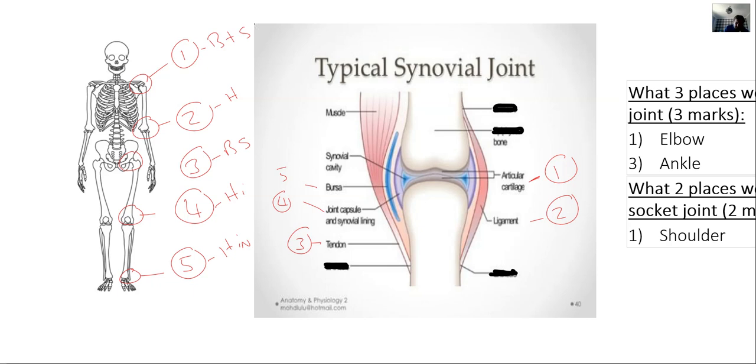Number 5, where it says synovial cavity, I'm going to change that to synovial fluid. Sorry, I thought I'd already done that. So this one here is synovial fluid. Number 6. So you've got 6 different things we need to know about within the joint: cartilage, ligament, tendon, the joint capsule and synovial lining, the bursa, the synovial fluid. Those are the 6 things. Just write some key terms that you would associate with those different parts of the joint.